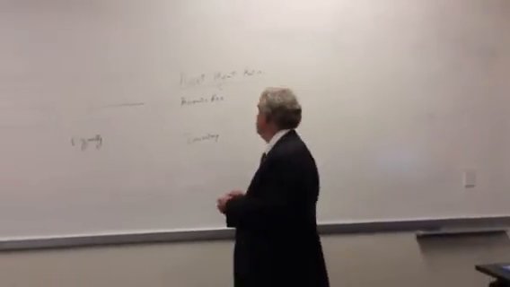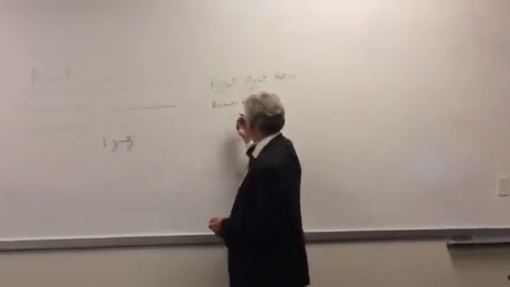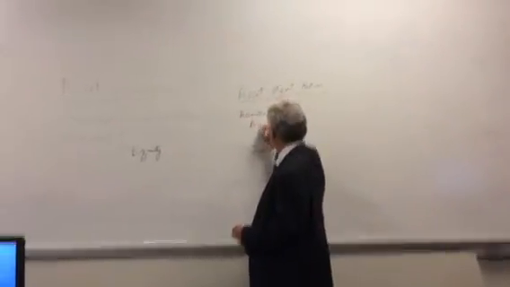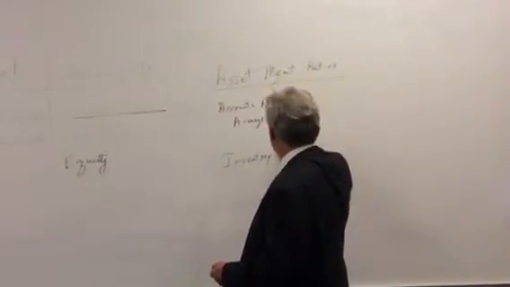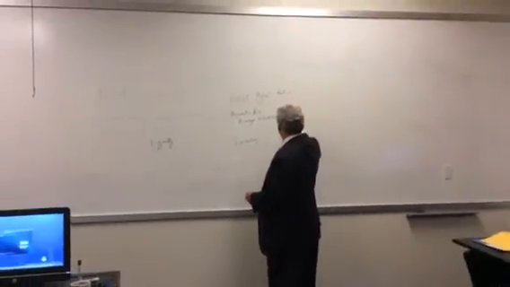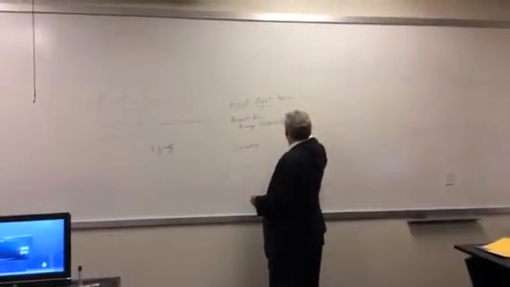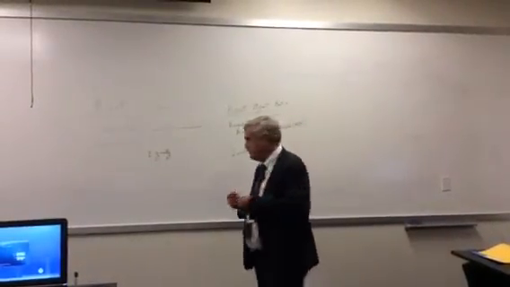Okay. Now, accounts receivable, the ratio is called the average collection period, or ACP. Okay.